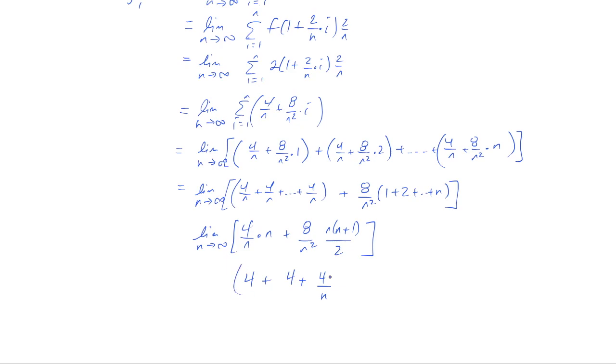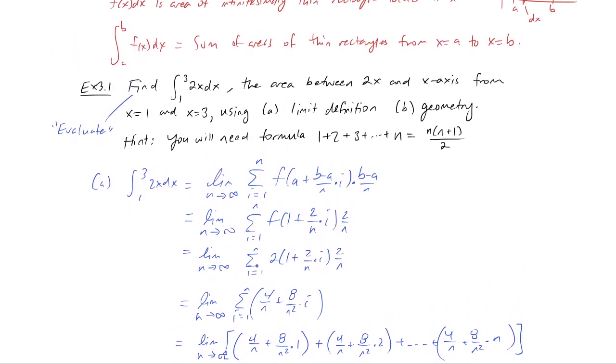And if we take the limit as n goes to infinity of this, we'll get 8. Because the 4 over n goes to 0, and the 4 plus 4 is 8. Okay, so that's how we do it using the limit definition.